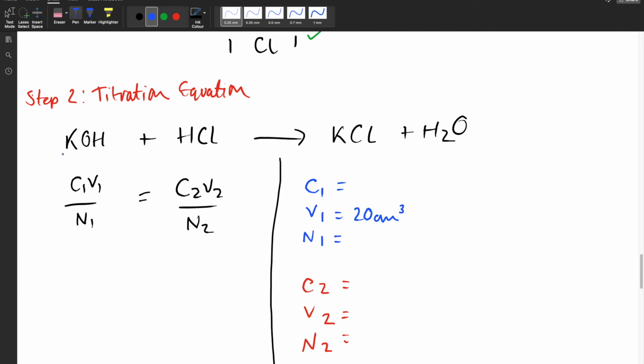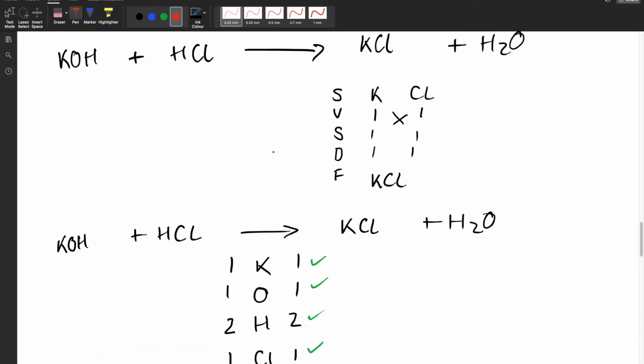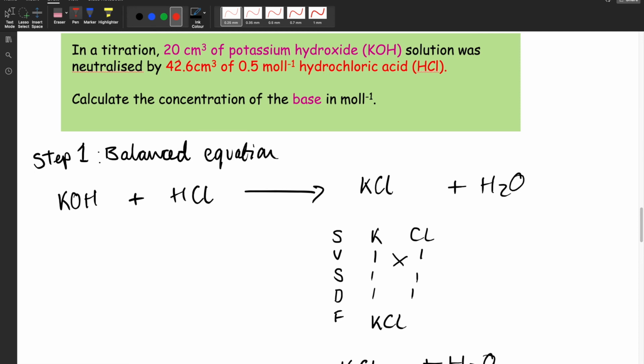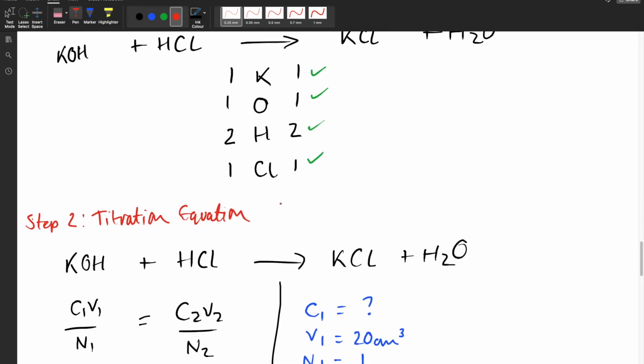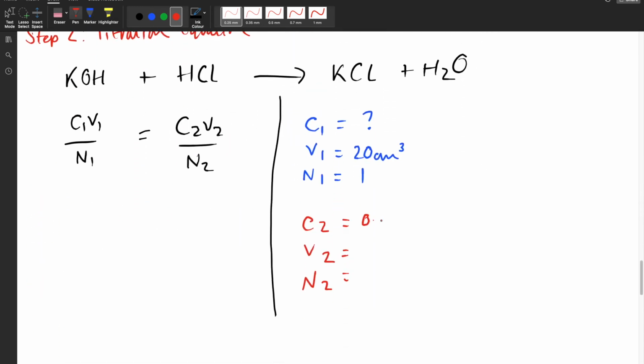We also know its N value is 1, but we don't know the concentration. Let's have a look and see what we know about our acid. It tells us that we have 42.6 centimeters cubed, so that's the volume, and it tells us the concentration of that is 0.5. So that is 0.5 and 42.6 centimeters cubed, and that is in moles per litre.